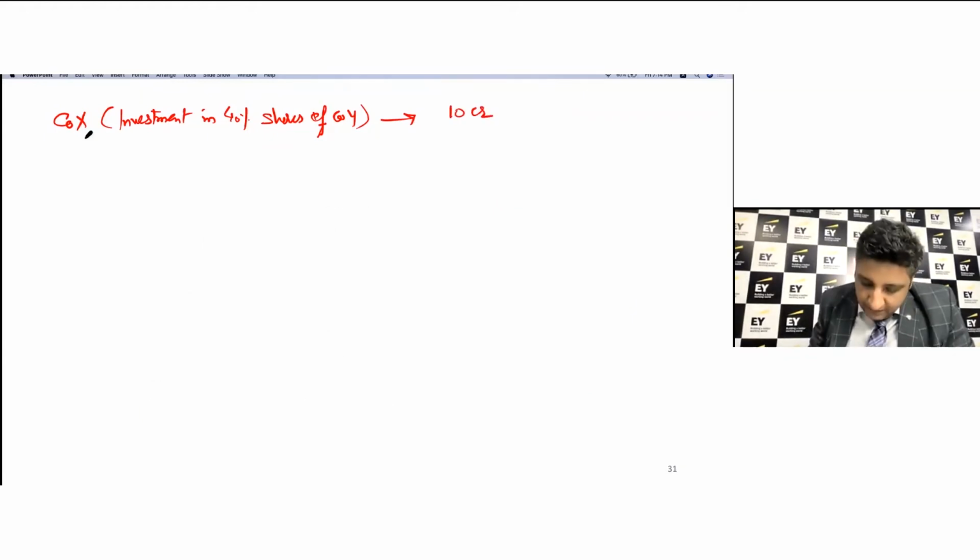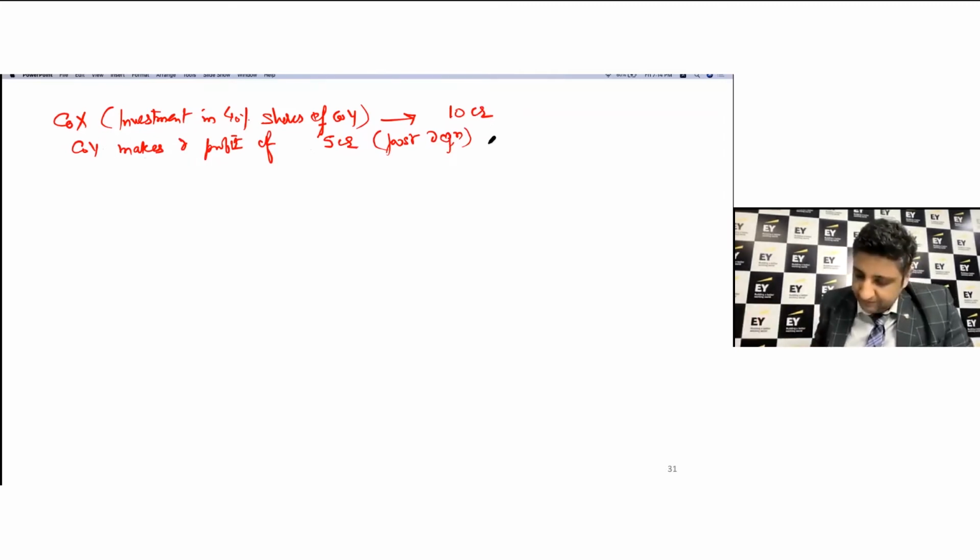Now company Y makes a profit of 5 crores. This is something which is post-acquisition by company X in our case.